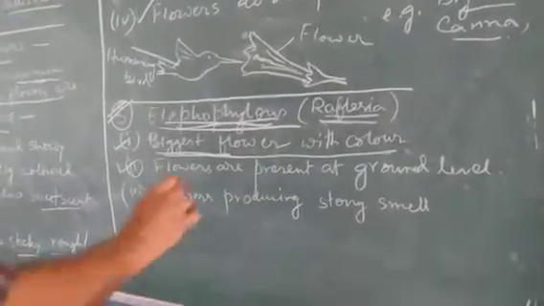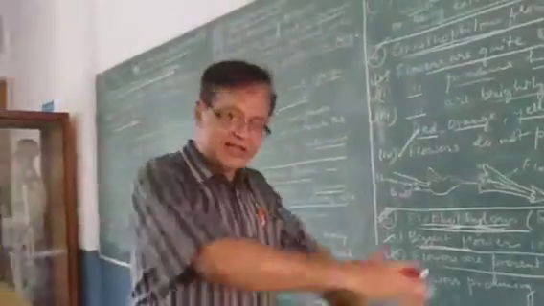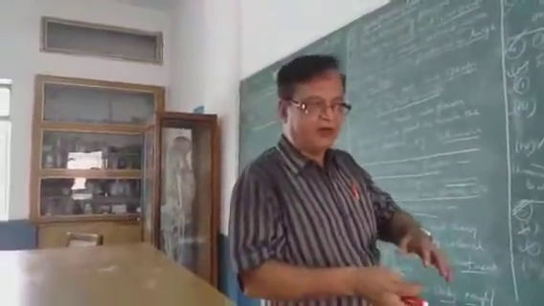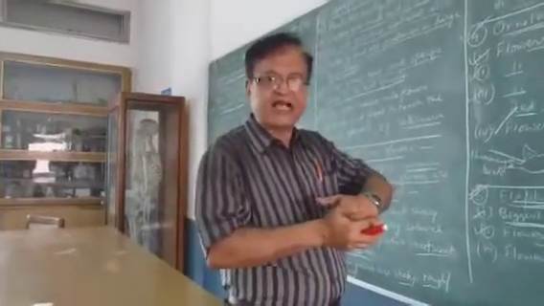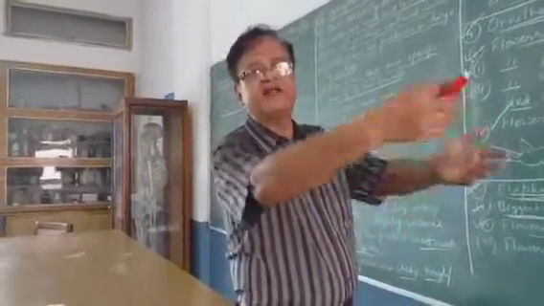Number 2 point, flowers are present at ground level. Almost on the ground they are forming the flower, so that they come close to the legs of the elephants. The flowers may be crushed, but pollen grains attach to their legs and are transmitted to other flowers.